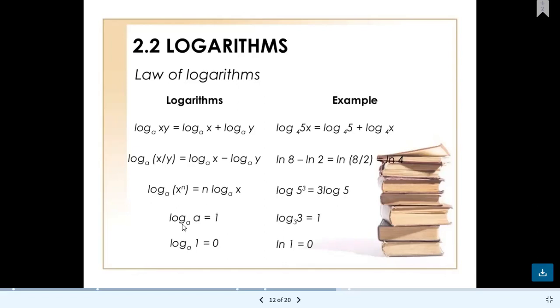Okay, so ito naman another law, log A A is equal to 1. Yan, so anything na same yung base here and then yung variable na kasama niya, that will be 1.